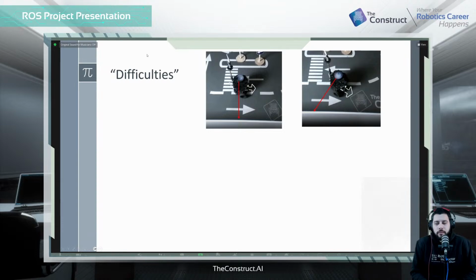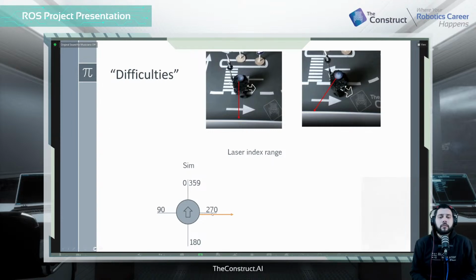So I call this difficulty in quotations because I unknowingly fixed it by not taking into account the laser index difference between simulation and reality. In simulation, when I use the laser index, which is the utmost right position, in reality, it turns out to be luckily on the same right side, but slightly more towards the front.